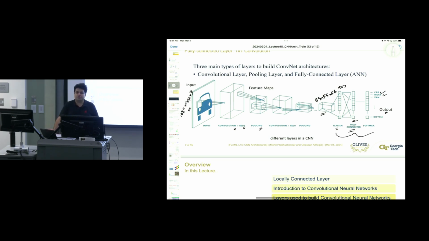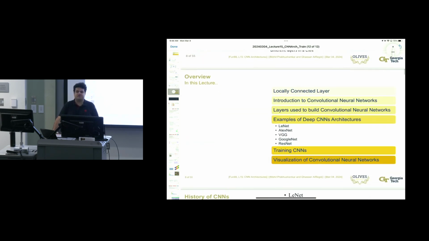These are the three most important building block layers of a classification framework. Any questions about the layers themselves before we move on to looking at different types of architectures?